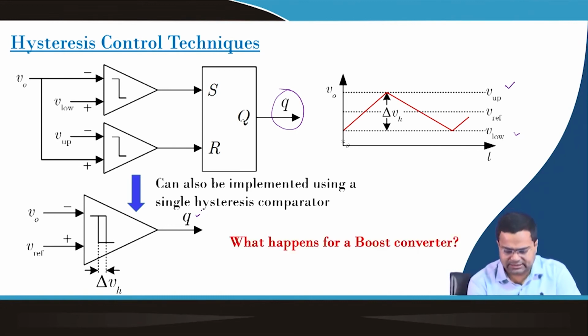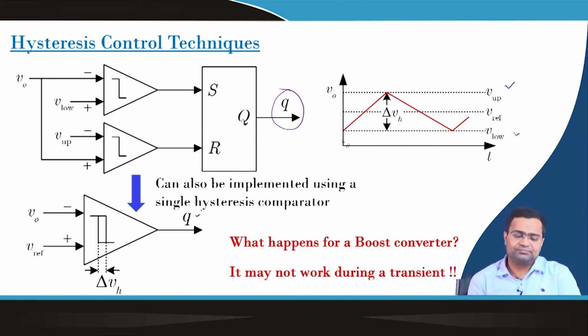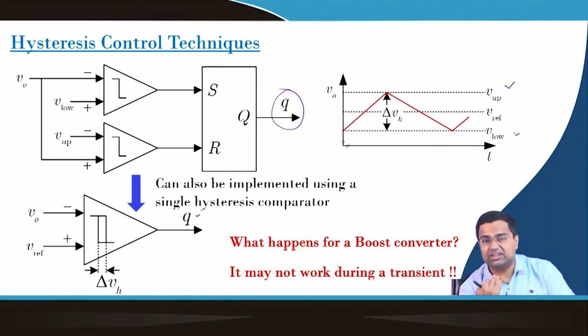But this voltage hysteresis control, which we will take up separately, we will see for a boost converter, this logic may not work particularly during transient, because it has a non-minimum phase zero.